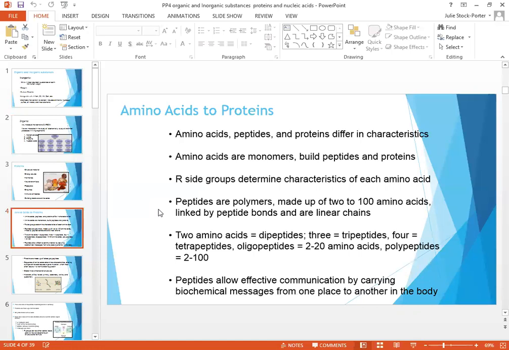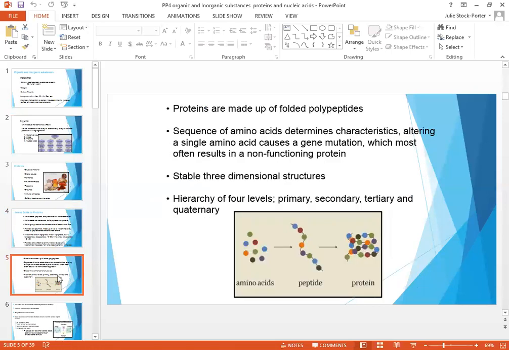And at this level in introductory biology, I don't expect you to know that or its relevance, but I'm just showing you that to show how we can put these amino acids together to form a lot of different types of protein. Peptides allow effective communication by carrying biochemical messages from one place to another in the body, and that would be things like our hormones.